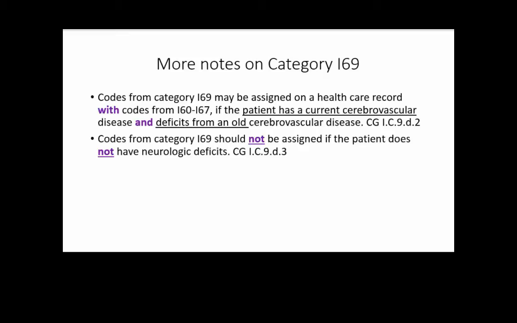The left hemiplegia with the current stroke is not going to be an I-69 code. The old stroke is going to be the I-69. Also notice in the second bullet point, codes from category I-69 should not be assigned if the patient does not have neurological deficits. That is only used when you have that sequela from the stroke with the hemiplegia.